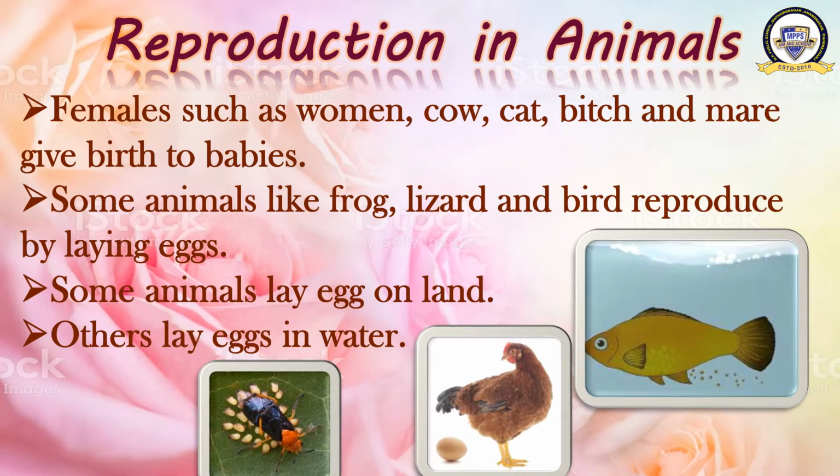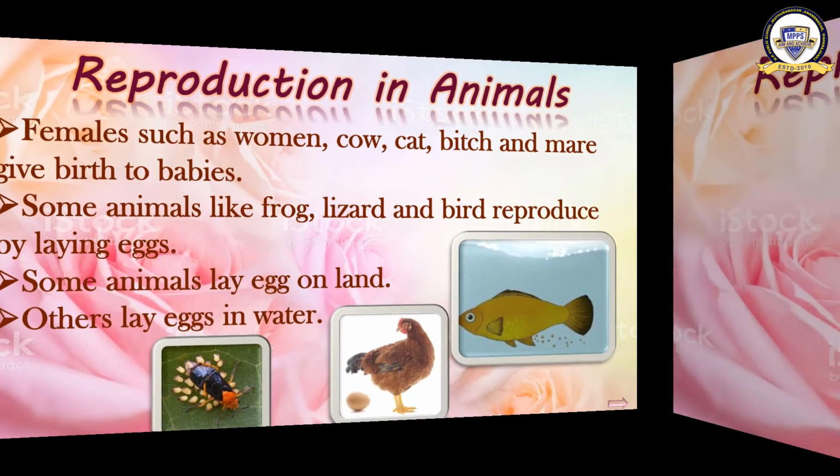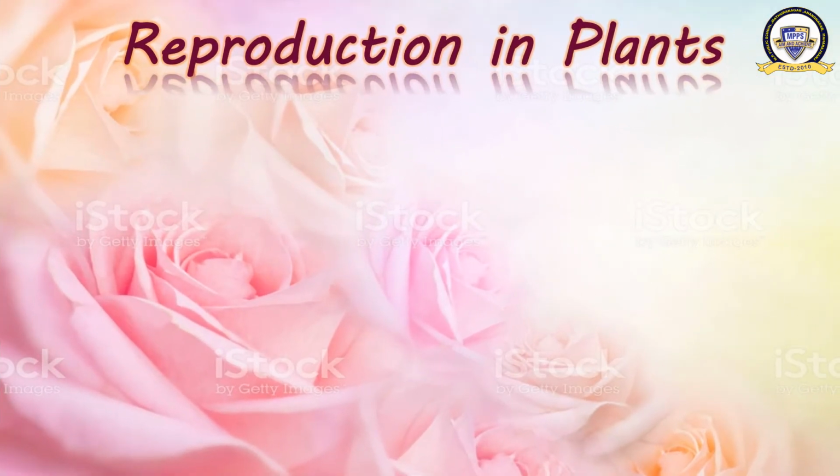Frog lays its eggs in water. Tortoise lays its eggs in water. All the birds lay eggs on land. Snake lays its eggs on land. So got it? This is how the animals reproduce. Some animals give birth to the babies and some animals lay eggs either on land or in water.